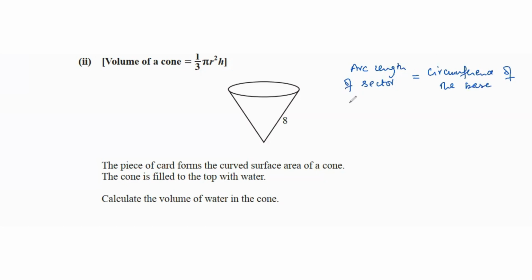So arc length we found was 75 over 360 times 2 pi r. And circumference over here is going to be 2 pi r.